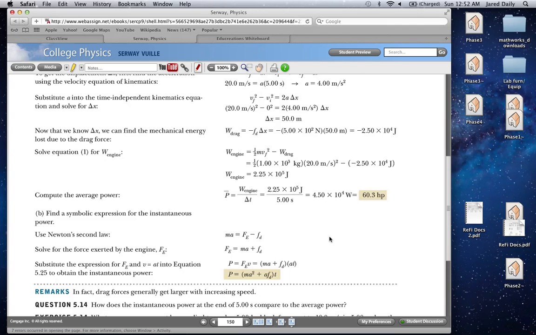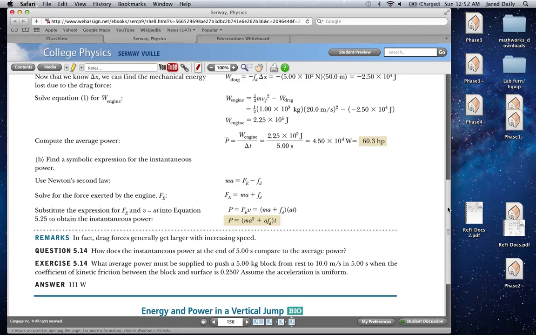Part B, symbolic expression for the instantaneous power. Well, Newton, let's see, we got here. Here they start with Newton's second law, which is force equals mass times acceleration. And then they solve that for one of the forces, because they have two forces involved here, Fe. And we've got that here.